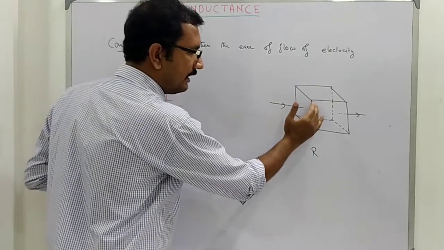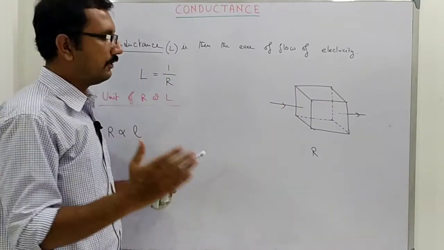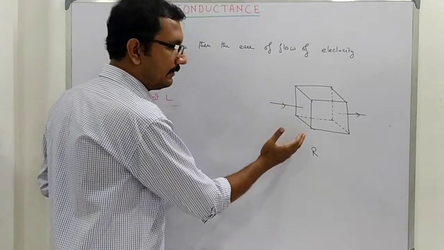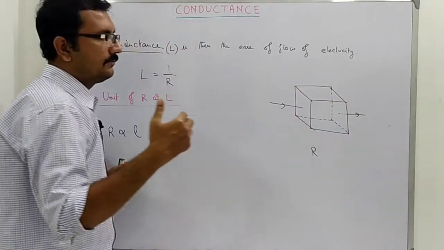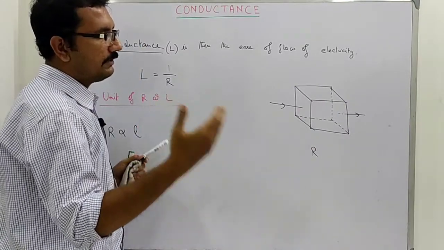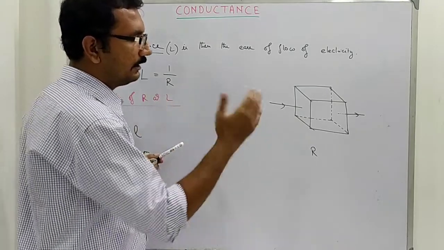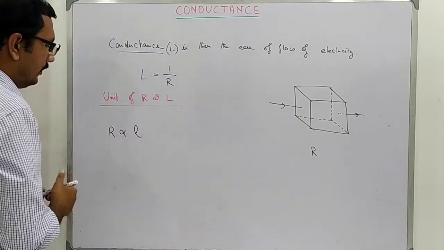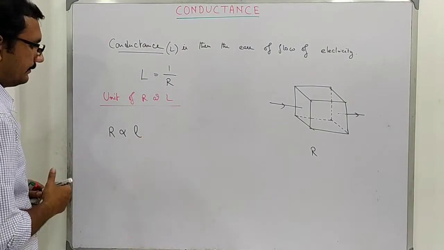If this material which is constituting this conductor is responsible for generating the resistance, then obviously if you increase the length, that is going to increase the resistance much more than the previous one. So, more the length of the conductor, more will be the resistance.